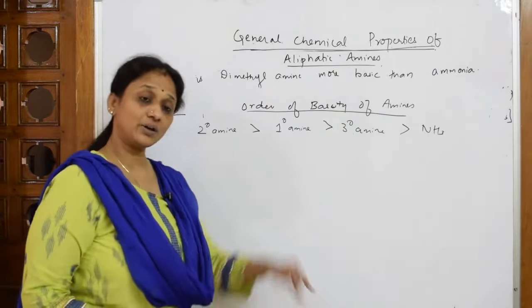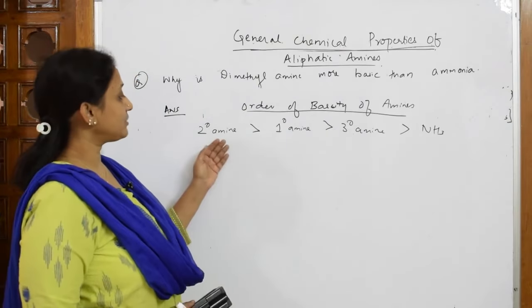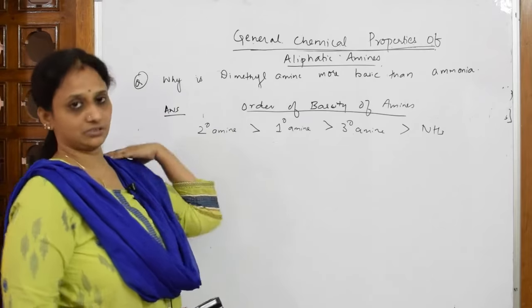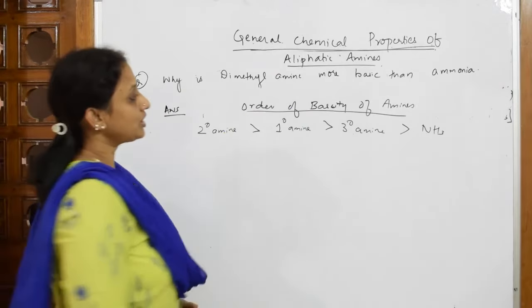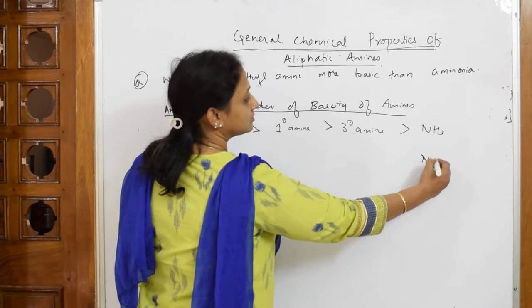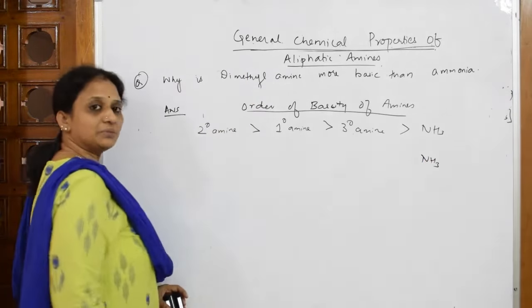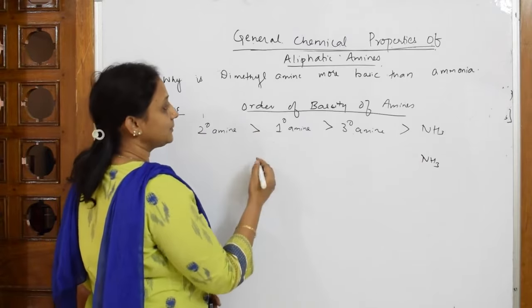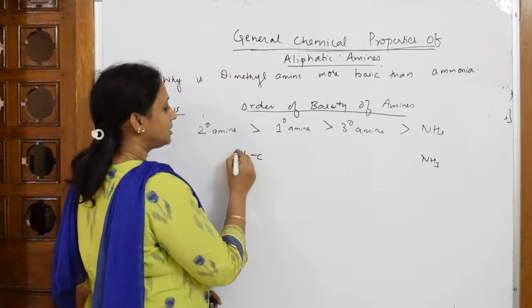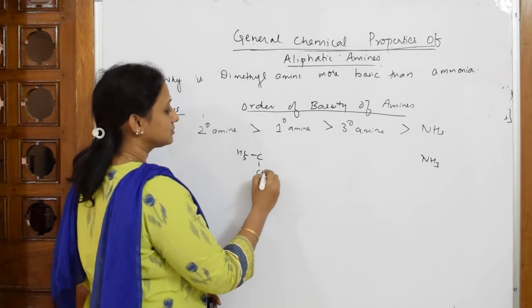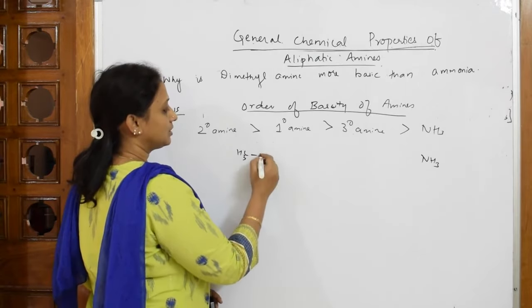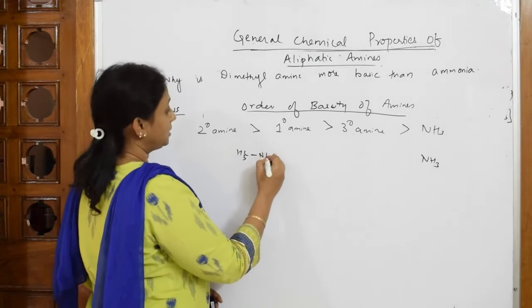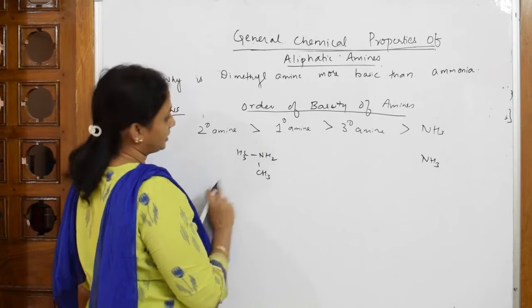That's it. Now, how can I relate this to the question? Suppose I take this concept and relate it to the question, ammonia is here in the order. Dimethylamine they've given. Let us write the structure. Dimethylamine, right? Done.